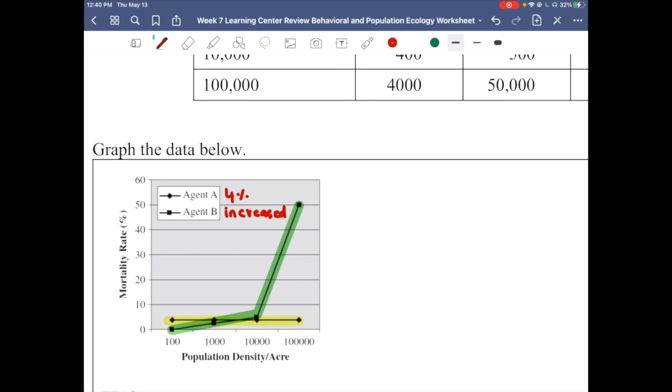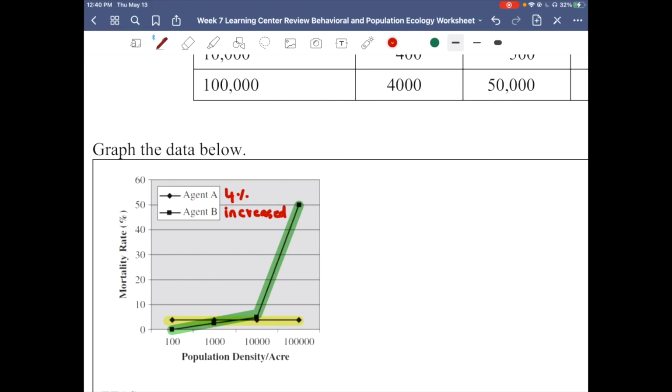If agent A was acting, then agent A is only going to remove 4% every time. So even if the population's at 50 or if it's at 150, agent A is only going to remove 4% of that, which means that as your population increases, it's not being stabilized, it's still increasing because agent A is removing the same proportion as it would even if the population was 5.